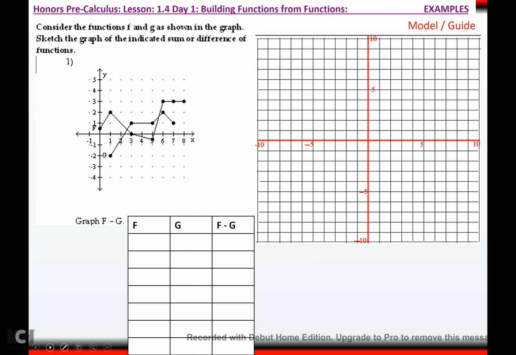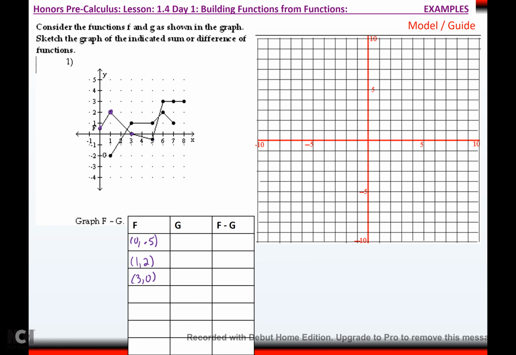Alright, so on this one, what I'm going to do is find these ordered pairs. If I look at the f function, that would be 0, comma, I don't know, 0.5. This ordered pair would be 1, comma 2. This ordered pair would be 3, comma 0.